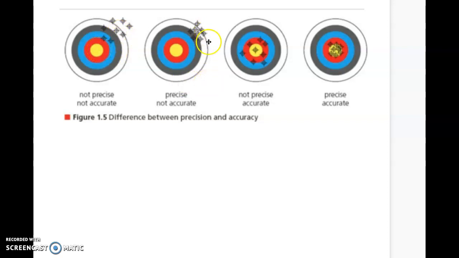You might get data which is precise but not accurate. Now, that's actually a really interesting situation, and it's to do with your instrument and the way you're doing the experiment. If you get this and you figure out what exactly is causing that problem, that gives you a stellar evaluation. Here we have a situation where you're close, but you're not precise. Now, basically, that could be because you're not using an instrument which is appropriate to the experiment you're doing.